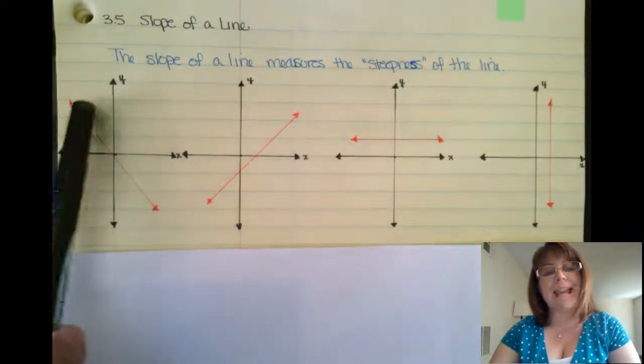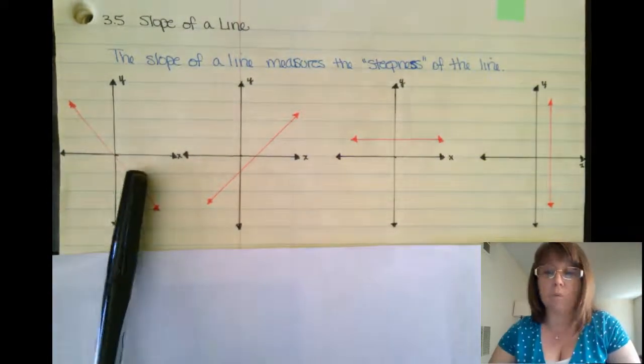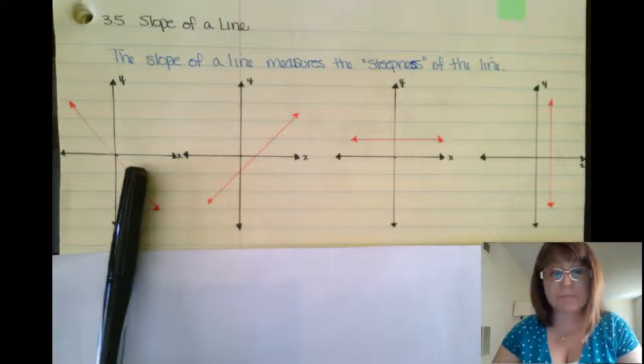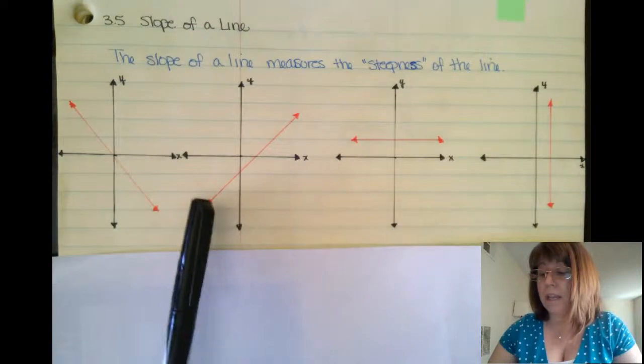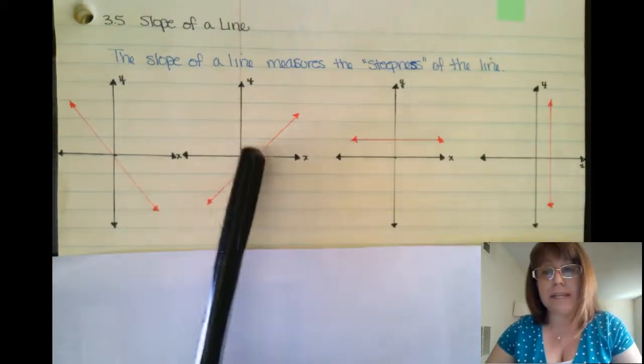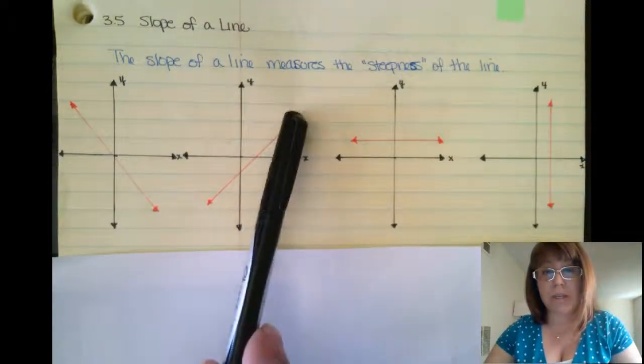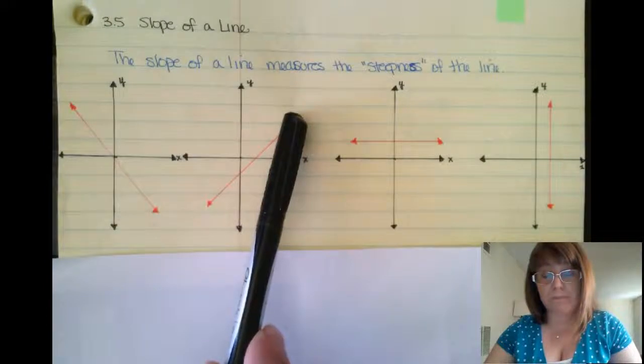If I'm going downward, almost like I'm walking down a mountain, then it is a negative slope. If I'm going upward or uphill, it is a positive slope.